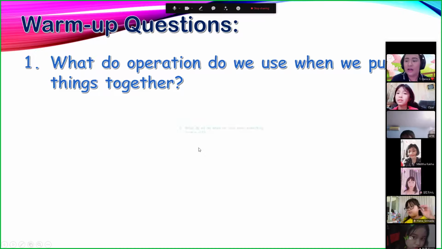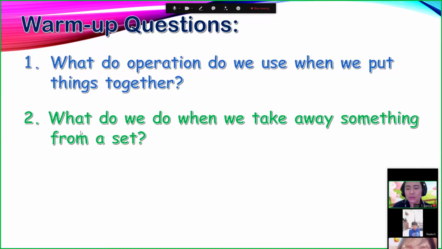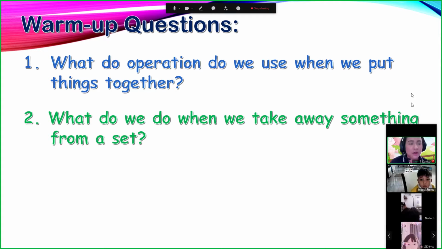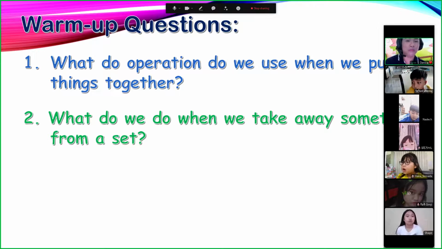Okay, good. Next, number 2, let us read. What do we do when we take away something from a set? Now, for example, you have a set of 10 bananas, a basket full of bananas.